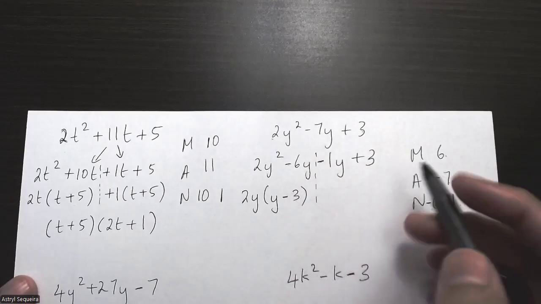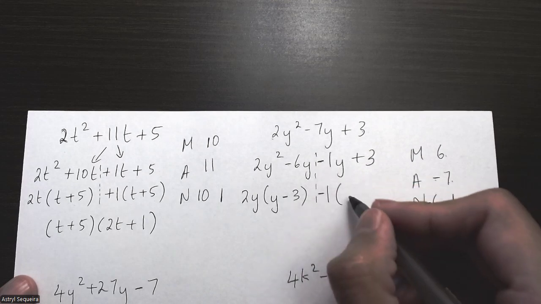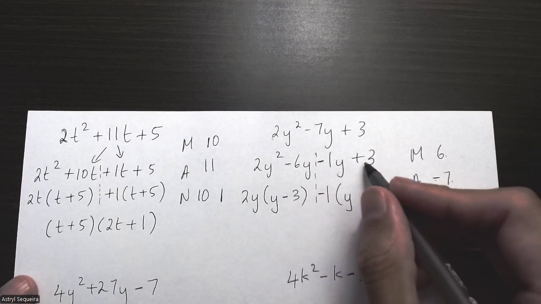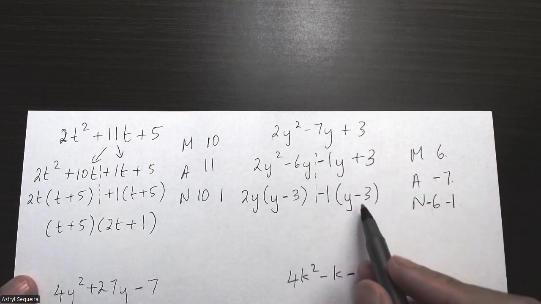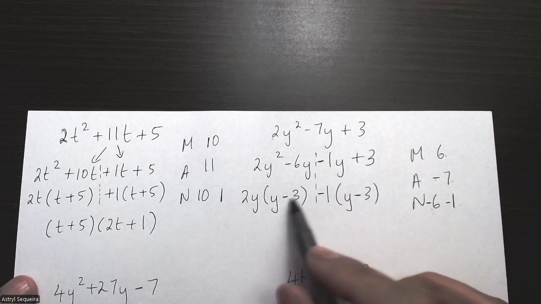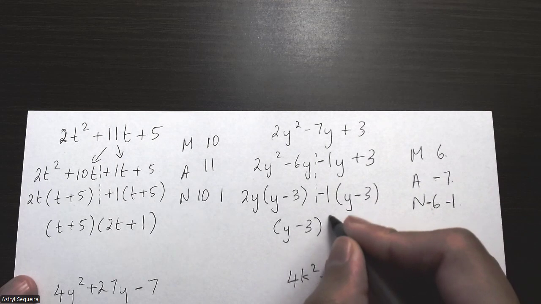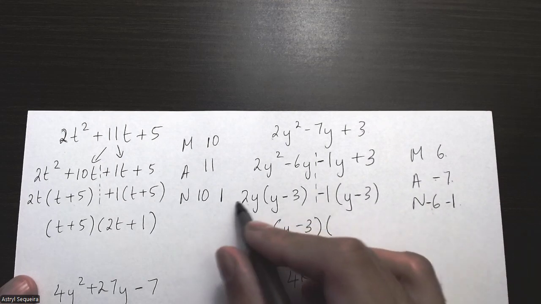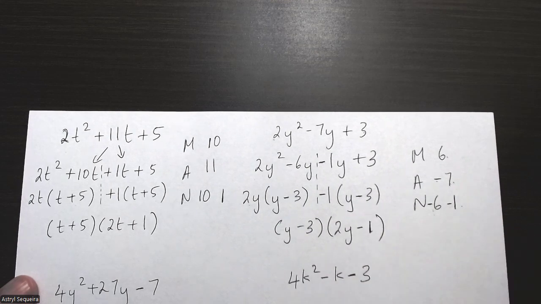And my common factor for these two is just -1. And if I common factor out -1, I'll be left with y minus 3, since positive 3 divided by -1 is -3. Again, as you can see, the brackets match. So I'll write the brackets as my first bracket.